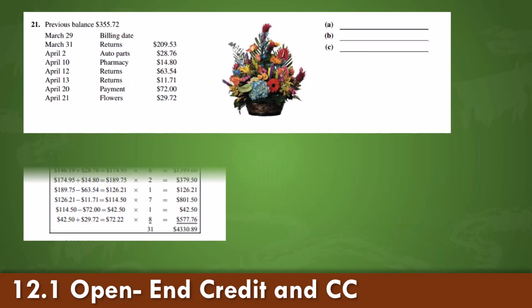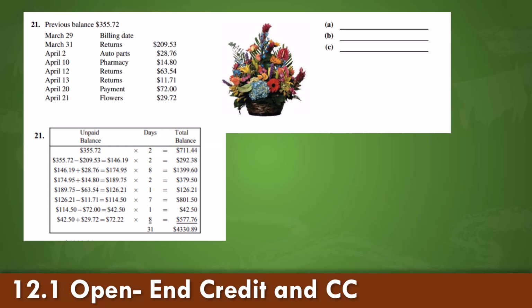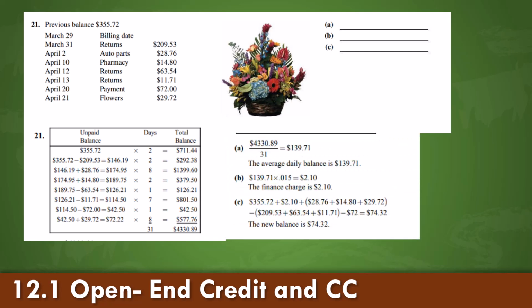We can repeat this step with 21 by again taking the previous balance, identifying the days, calculating the returns or payments, which would be minus, and addition of any expenditures. Find our total balance, divide by the number of days. Remember, this will be 31 days in this example, and this gives us our average balance.